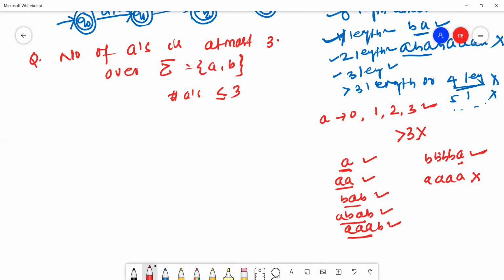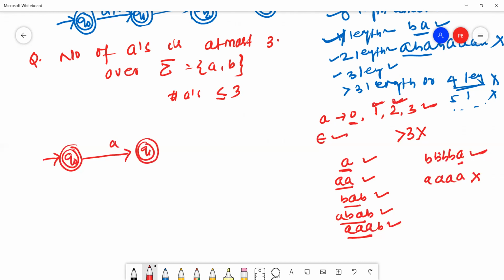So now we'll construct for 0. 0 means it is zero length string, means it is called epsilon. Yes, epsilon is a valid string. Then for single A, A means Q1.